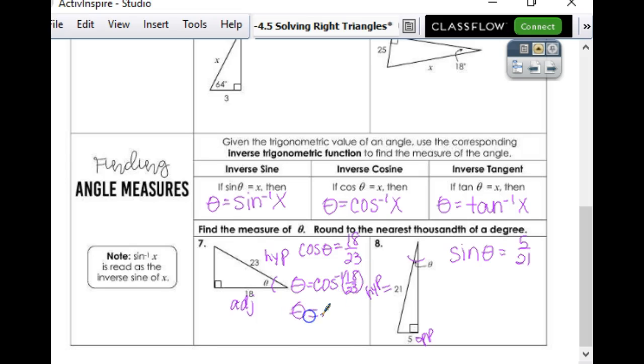And this should give you your angle back. If you type it in, I got 38.5 degrees. And I got 13.774 degrees for that one.